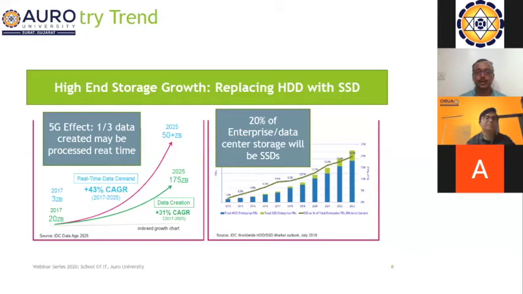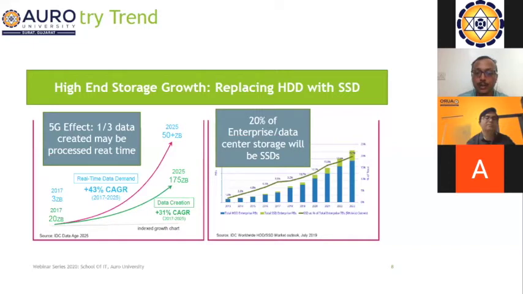Seagate wanted to know how data will be used by 2025, and IDC came up with this: in 2017 the world is using around 20 zettabytes of data, but by 2025 around 175 zettabytes of data will be used. This much data needs to be stored.